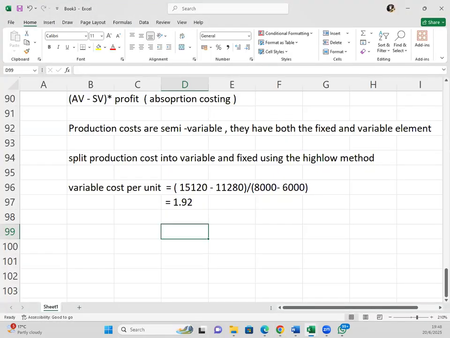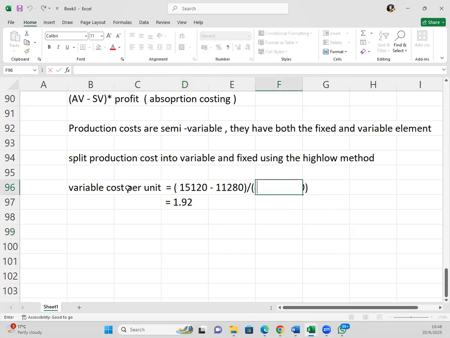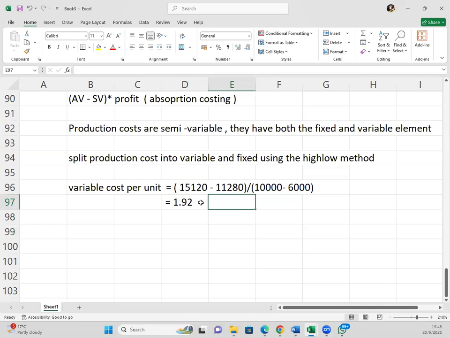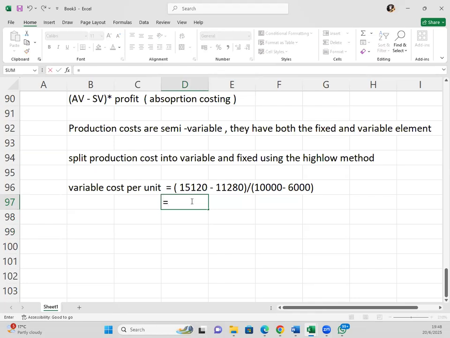So it's supposed to be 10,000 here, not 8,000. Quickly adjust there. 0.96. Any decimals after? Just straight 0.96. So that's the variable cost per unit.